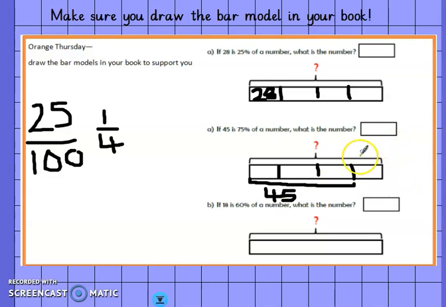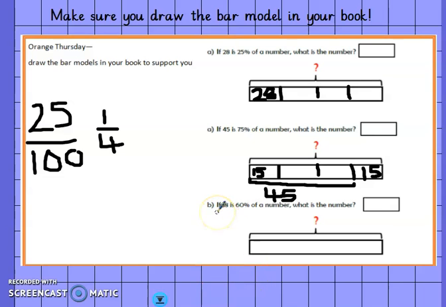To tell us what that final part is, you need to work out what one of these 3 would be here. So what is 45 divided by 3? Well done if you know that that is 15, so one part is 15, then I would expect you to write that in the end. And then you'd have to do 45, add 15 to get your whole in total.